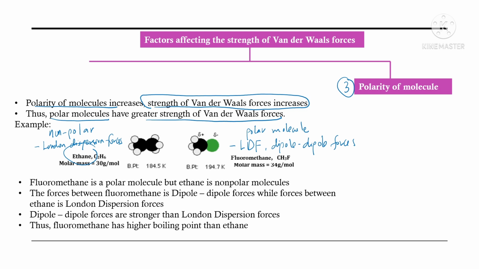Therefore, we expect the van der Waals forces between polar molecules to be stronger, and we expect fluoromethane to have a higher boiling point, because between fluoromethane molecules there are dipole-dipole forces present, and these dipole-dipole forces are stronger than the London dispersion forces. So more heat is needed to overcome the stronger van der Waals forces between fluoromethane molecules, and therefore fluoromethane has a higher boiling point than ethane.